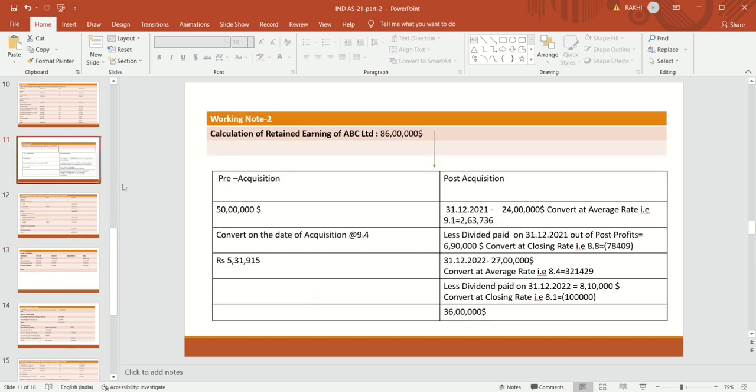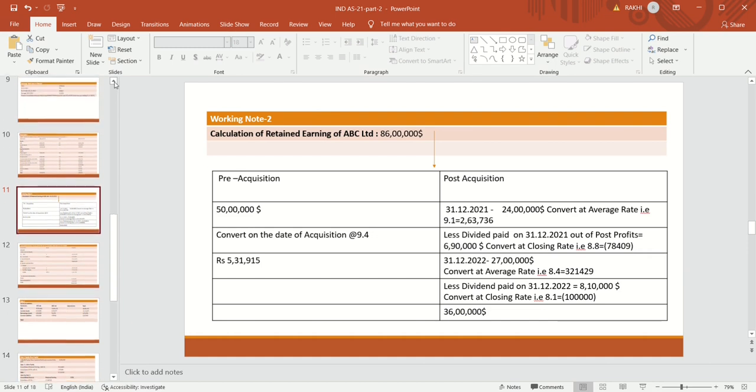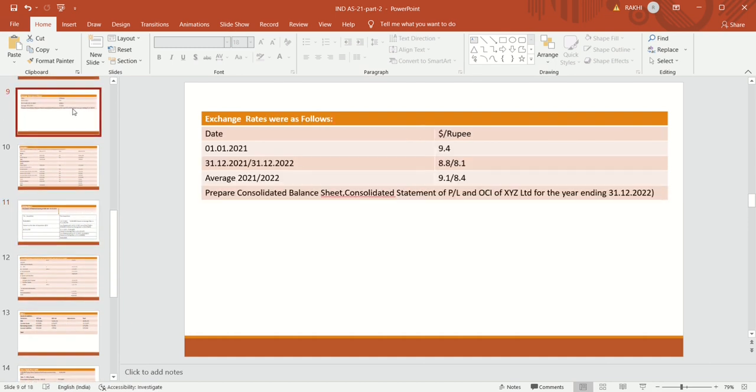So 6,90,000 is paid and is removed from that income. We convert that dividend by taking the closing rate of 2021, which is 8.8. So we will take that rate.